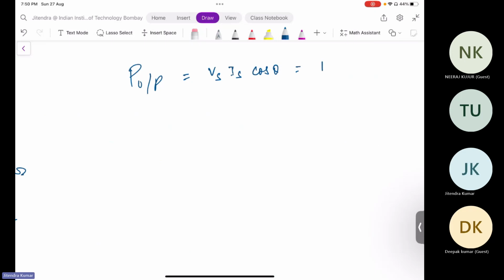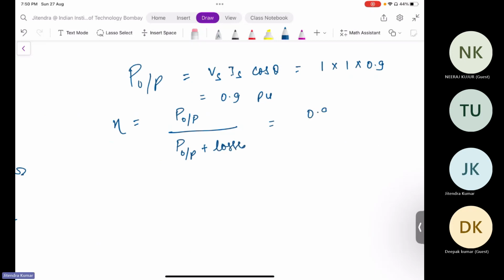Vs is 1 per unit, Is is 1 per unit, cos theta is 0.9, so it is 0.9 per unit. Now efficiency is P output divided by P output plus losses. So it is 0.9 divided by 0.9 plus P iron loss plus P copper loss.